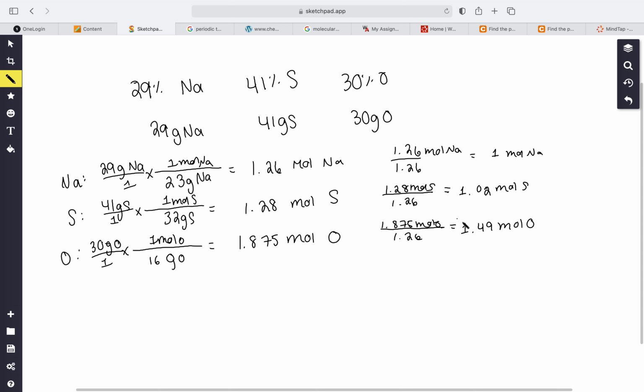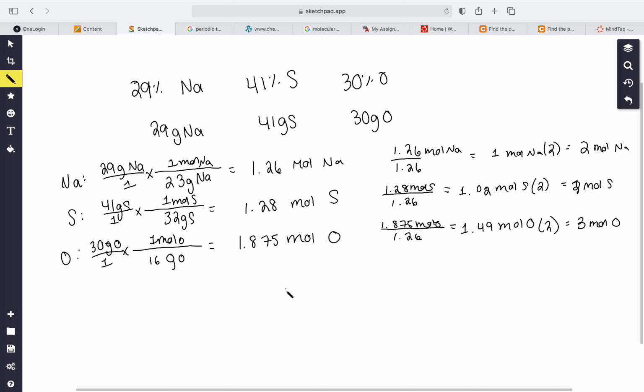Because you might be looking at 1.5 and you're like, oh, I can just multiply that by 2 in order to get a whole number. That's easy. So we're going to multiply all of these by 2, and we're going to get 2 moles of Na, 2 moles of S, and 3 moles of oxygen.